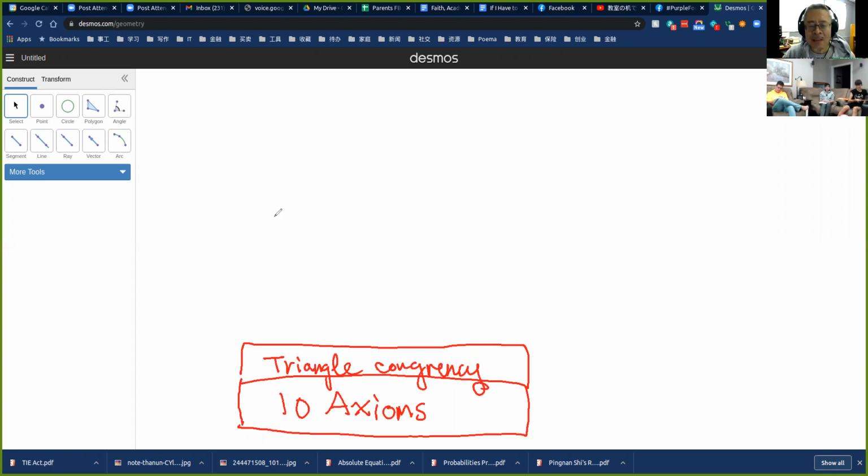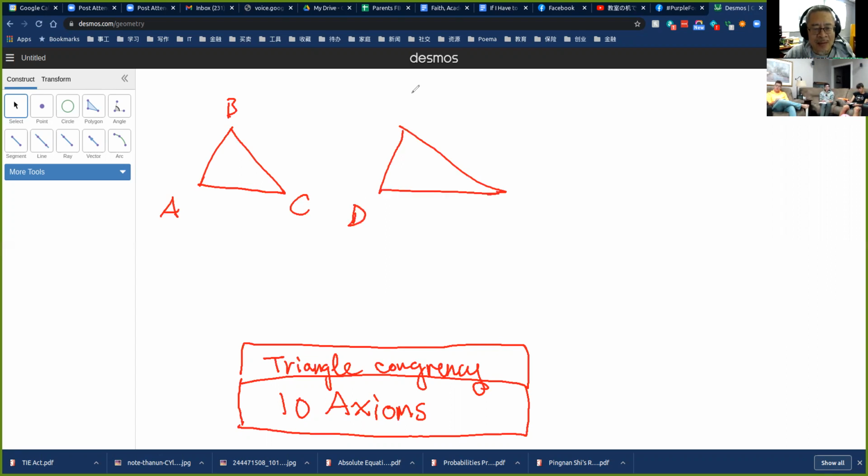Okay, so the congruency is basically if you have two triangles, ABC and another triangle, DEF. There are three conditions.